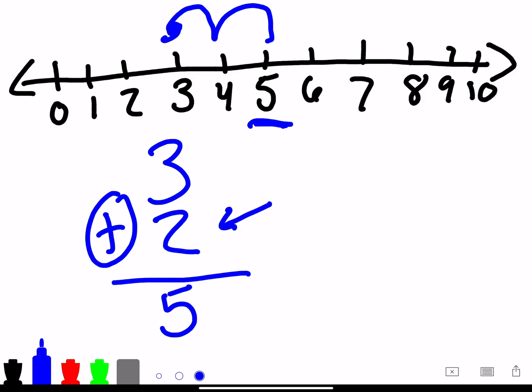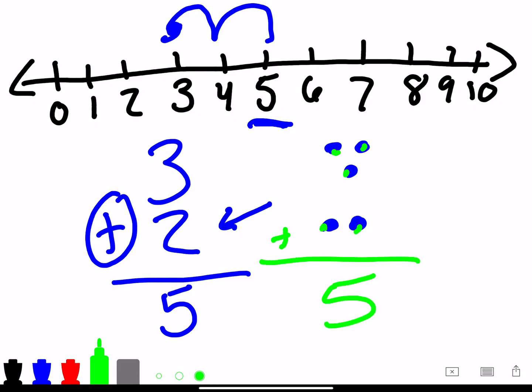Now, if you want to do the dots method, for example, for 3, 1, 2, 3, and then for 2, 1, 2, and if you just want to count out your answer, 1, 2, 3, 4, 5. And look, you both got the answer 5.